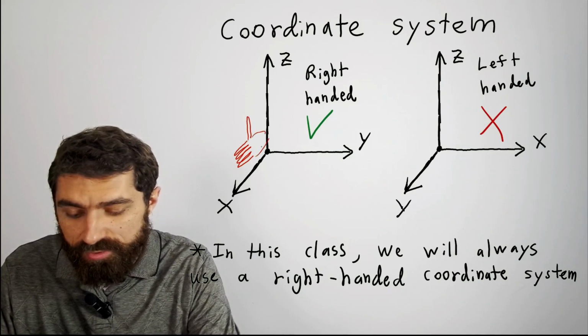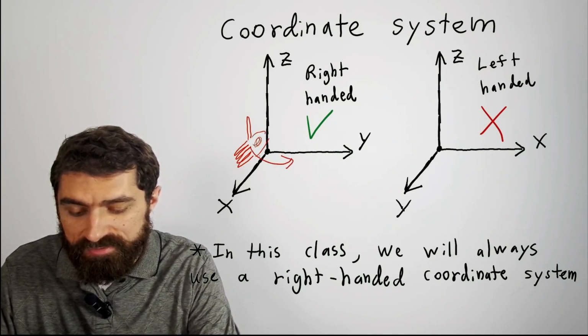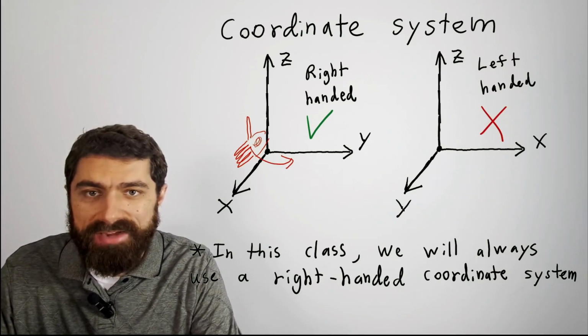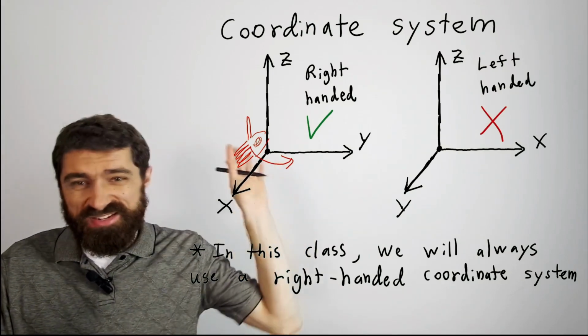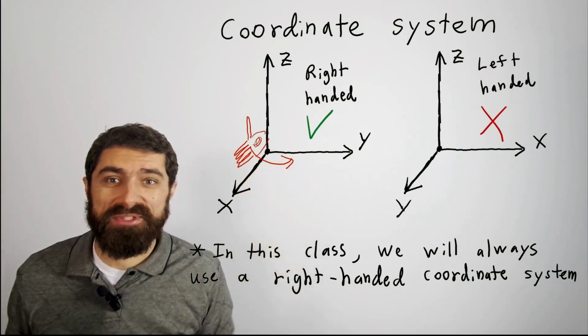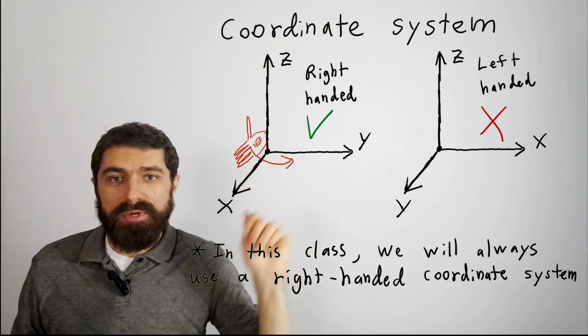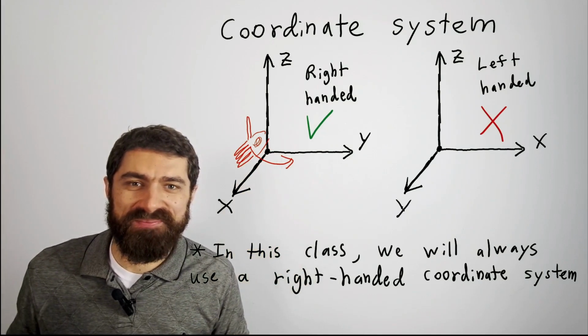And basically your open palm here should be facing the y-axis there. I'm sketching it out because I tried to do this with my hand and it was really awkward. So anyhow, always go with the right-handed coordinate system.